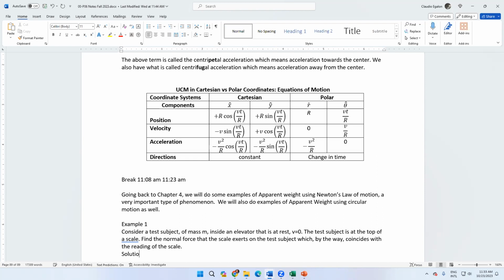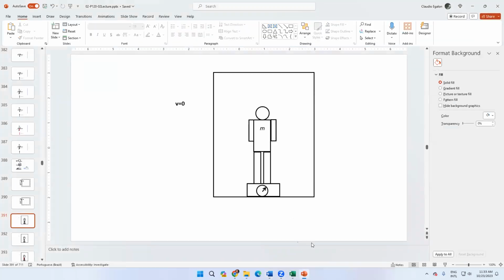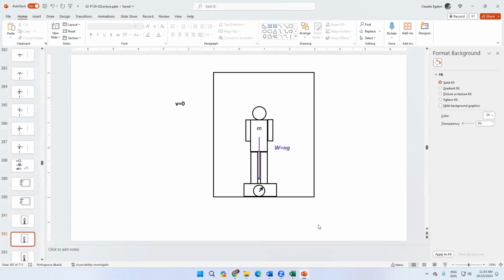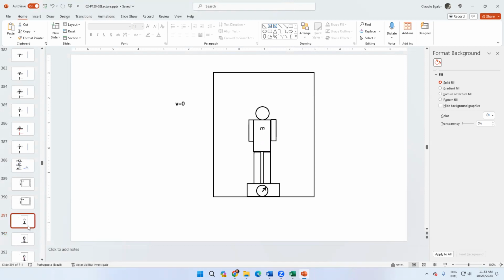So, the solution. What you have to do is come up with the free body diagram here. Here you go, my test subject on the scale. Here's the weight of my test subject.